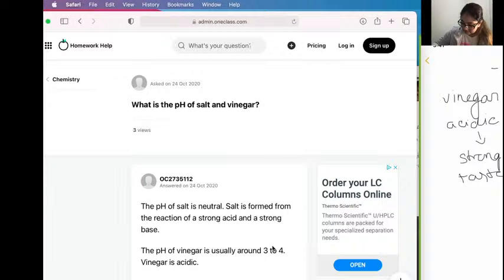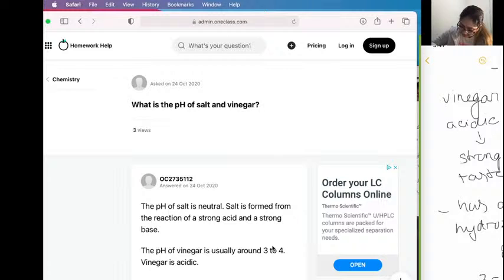Vinegar has alcohol in it, so like hydroxyl groups. Alcohol as in like hydroxyl groups. And so like its pH is near I guess 3-ish, 3 to 4-ish.